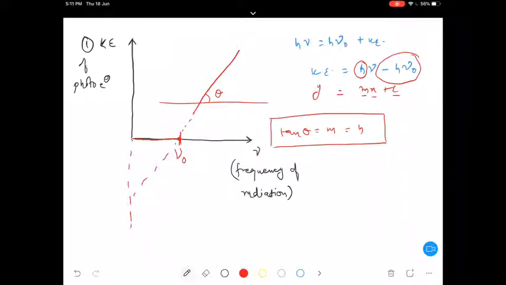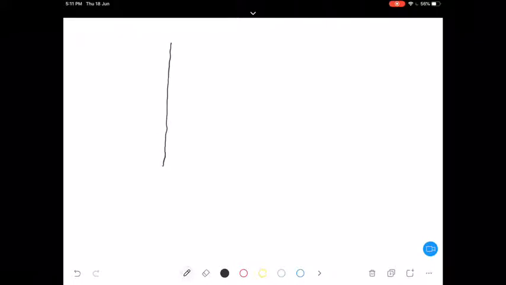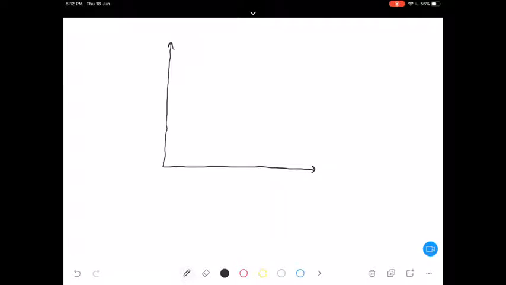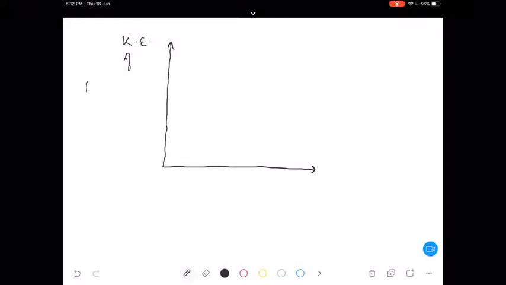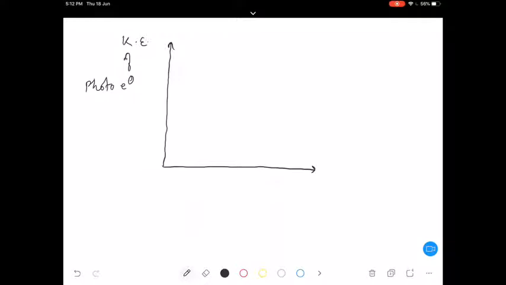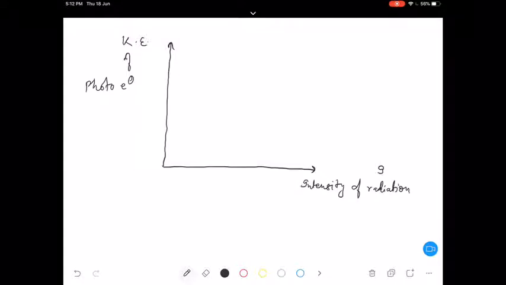Next, here again, kinetic energy of that photoelectron will be independent of intensity of radiation. Here I write intensity of incident radiation.